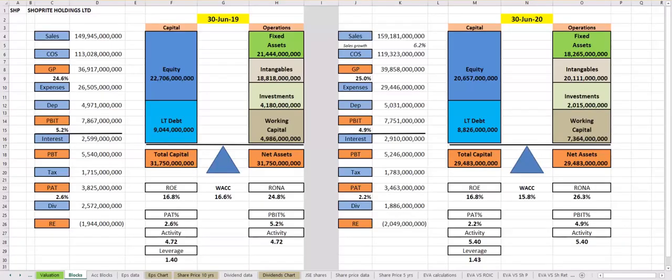Welcome back. What we have in front of us is what looks like multicolored cells and might look a little bit overwhelming, but in fact this is a representation of the last 2 years of financial results for Shoprite.